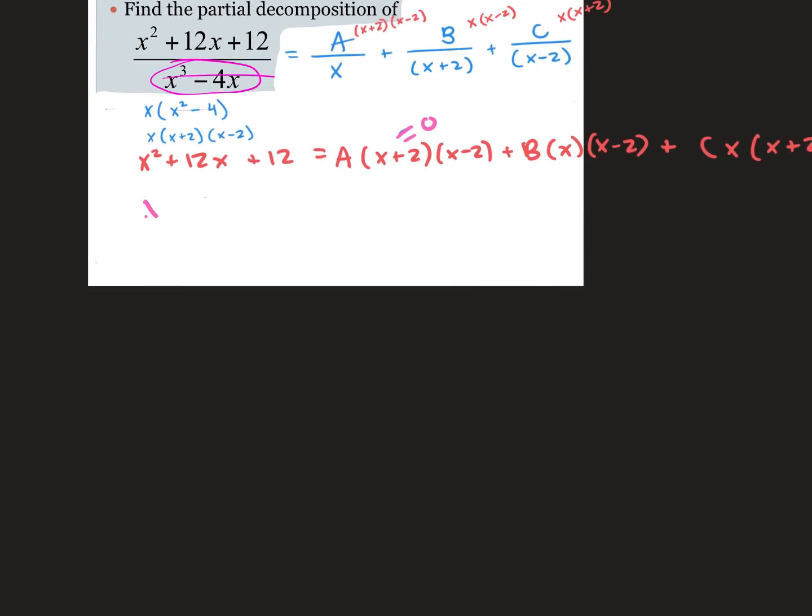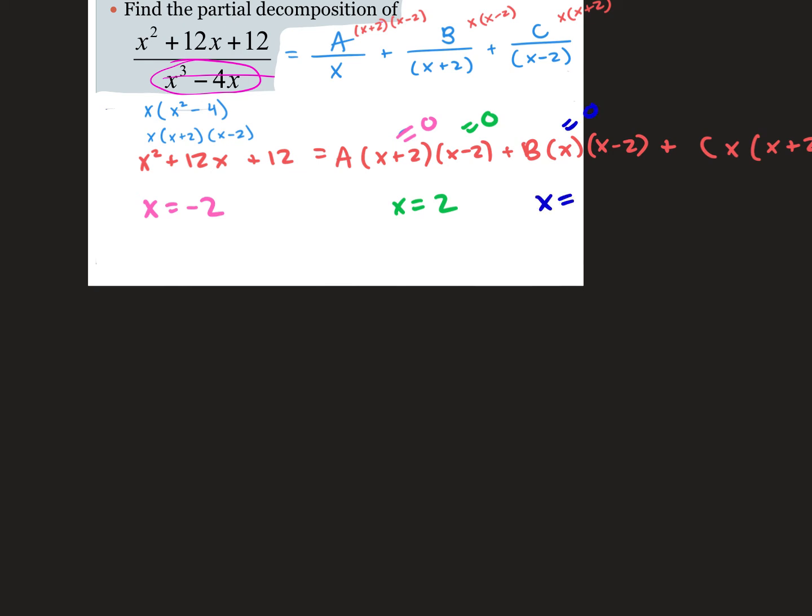All right, so now we need to see what makes each parenthesis equal to 0. So what makes the first one here equal to 0? -2. So I have x is equal to -2. What makes this one equal to 0? 2. So x is equal to 2. What makes this one equal to 0? 0.